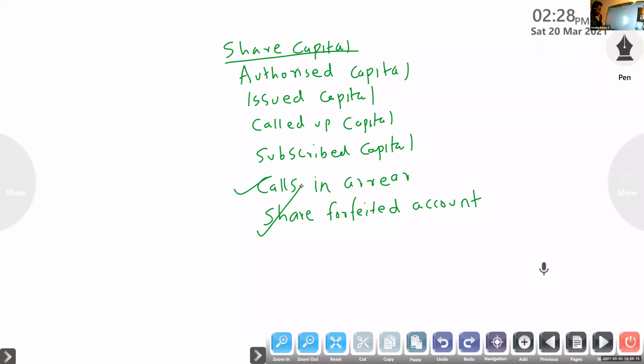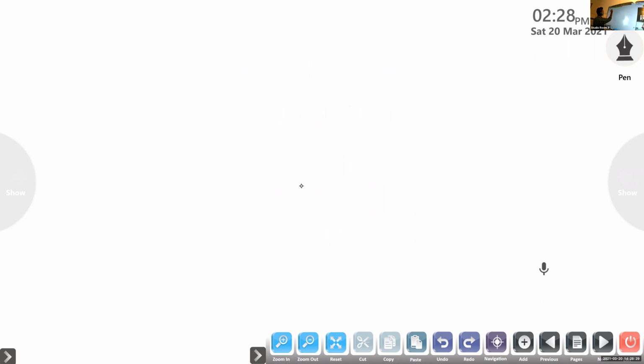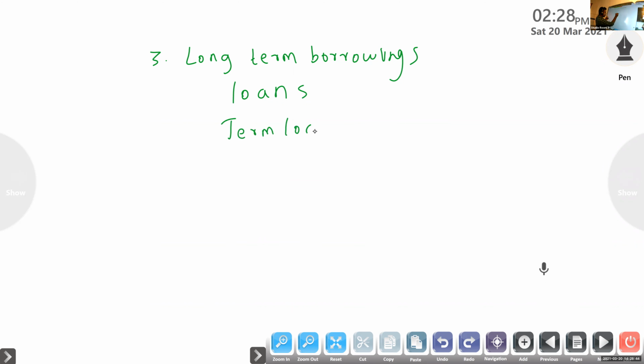Okay? Next, the third one, the next major head: non-current liabilities. Under that, the first one is long-term borrowing. What are the items there? Long-term borrowing: loans, term loan, debenture.